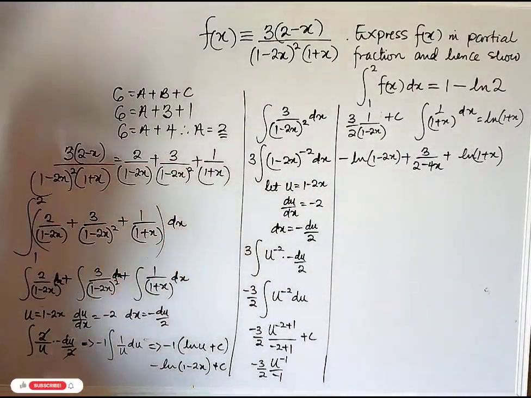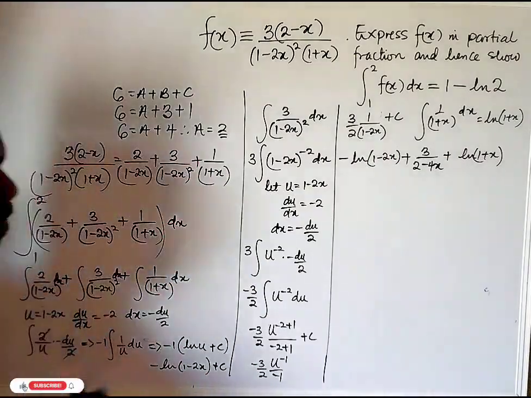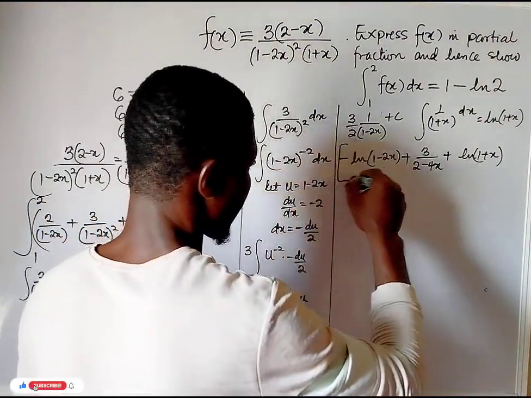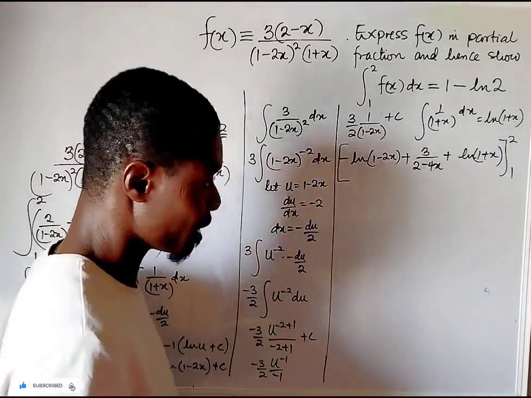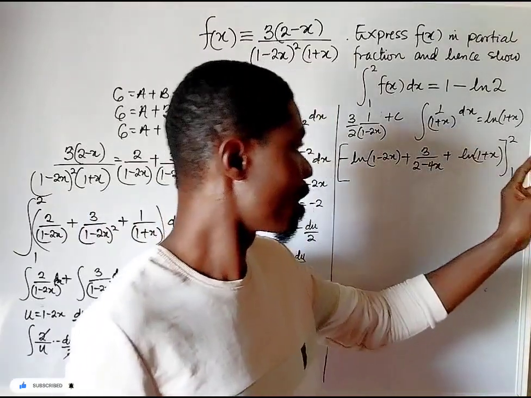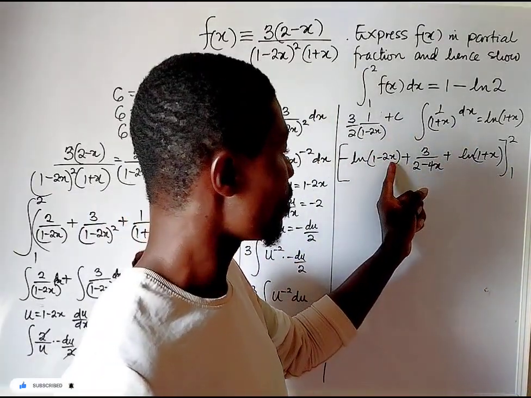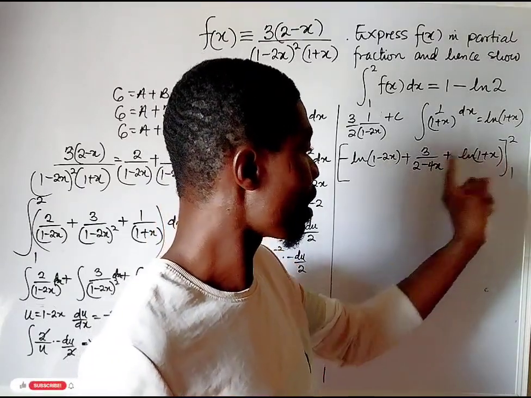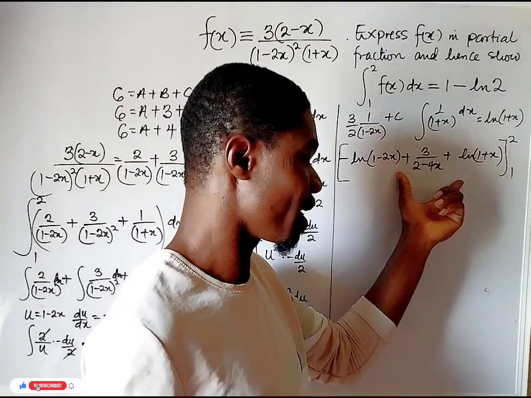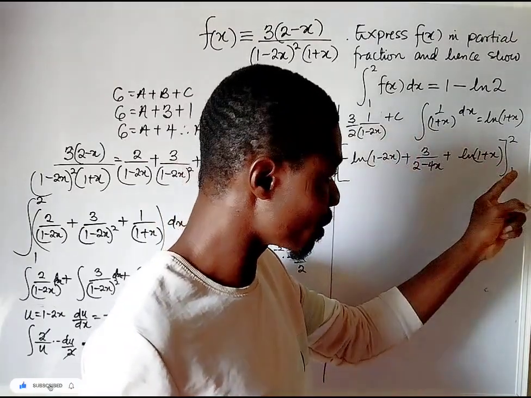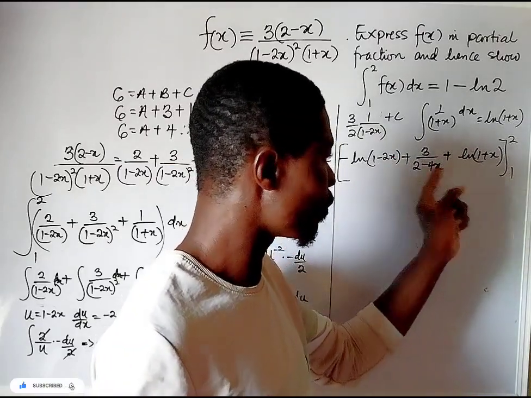Okay, now let us apply the limits. It implies that for the value of x, plug in whatever value you get, minus plugging in 1 for x.